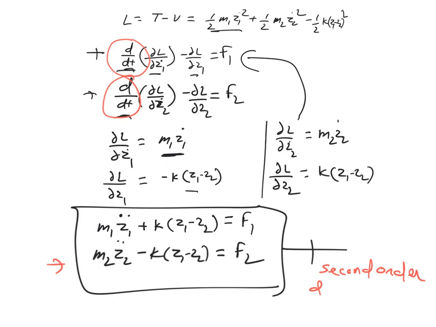And then we'll see how we can use it to get transfer functions or state space representation. So for now, just hold that this is what we got. These are the equations of motion, this is the mathematical model of the system that we have.